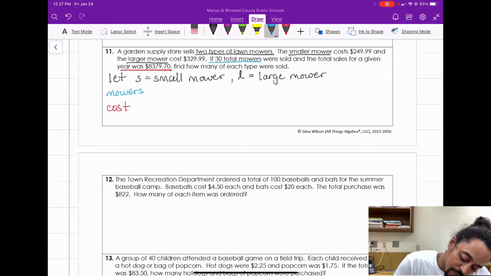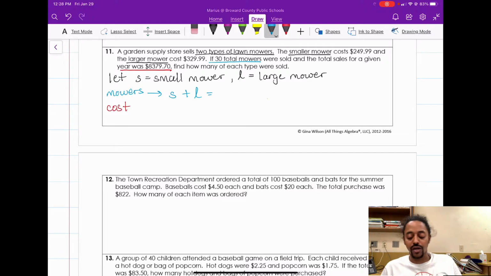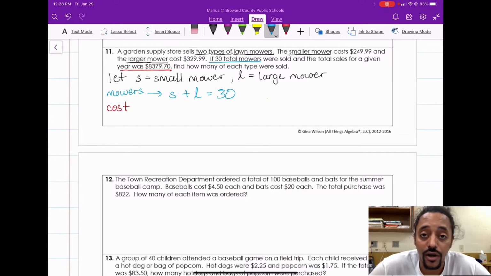So for the mowers, we know that there are some small mowers and some large mowers, and let me make that look more like an L. And they sold a total of 30 mowers, okay? Now let's write the equation for cost.